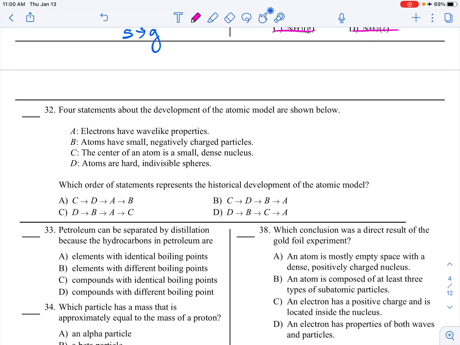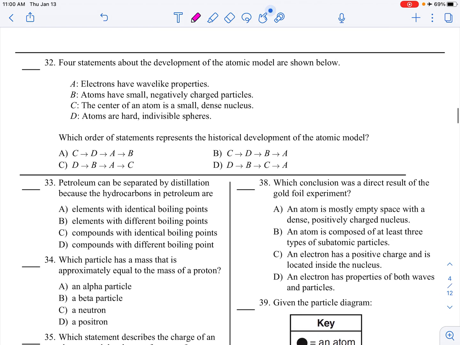Four statements about the development of the atomic model are shown below. What is the correct historical development? So going from oldest to most recent. So the oldest would have to be hard indivisible spheres. This is Democritus from the ancient Greek days. So it's not those. And then what comes after that? We've got plum pudding. So that is atoms have small negatively charged particles.